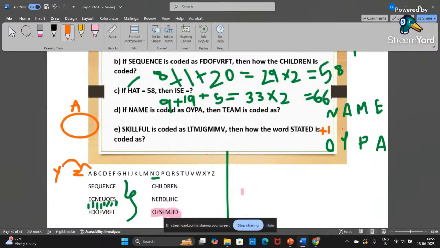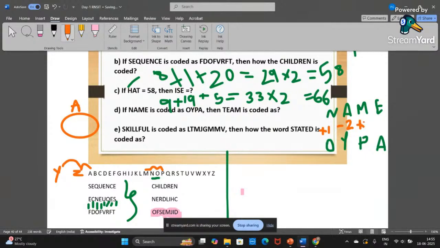That means minus 2. Okay, we'll check this logic, will it work or not? For M, they have given P. M is here, P is here. Plus 1, plus 2, plus 3. Yes, forward. 3 steps forward.